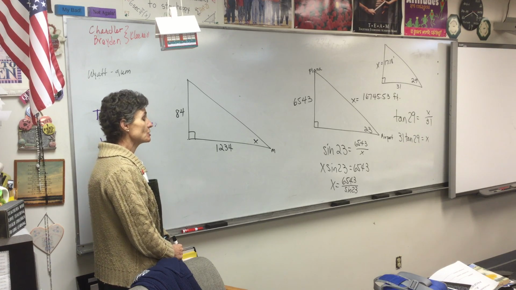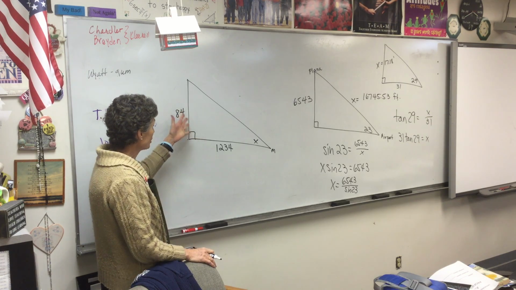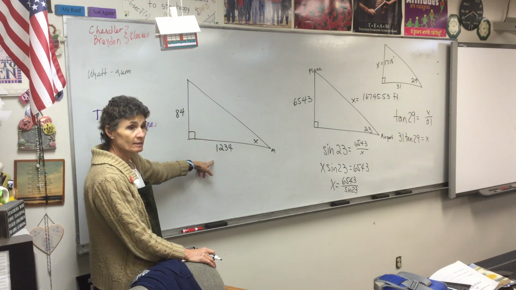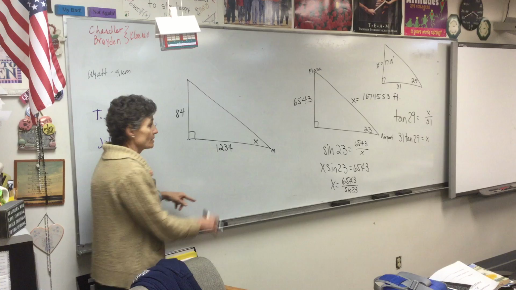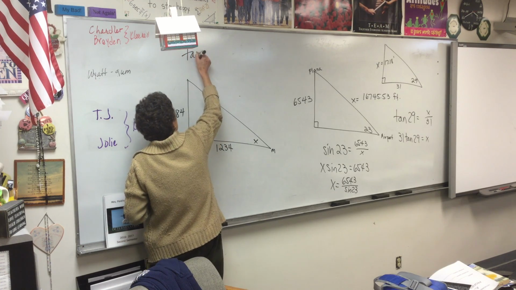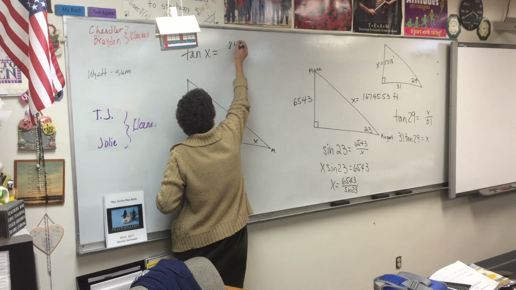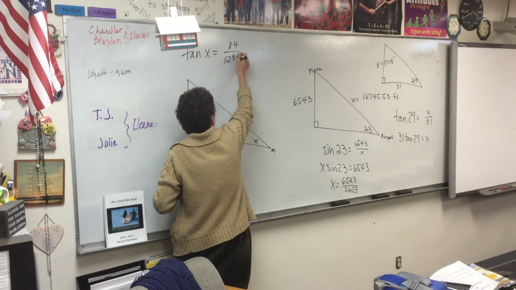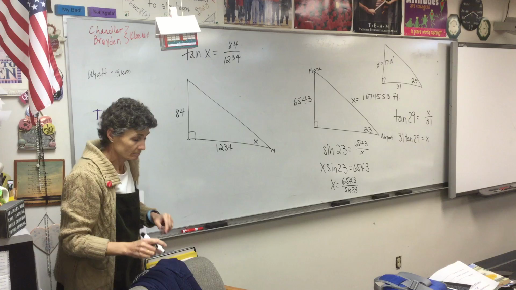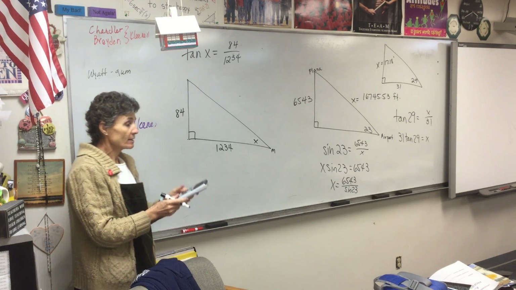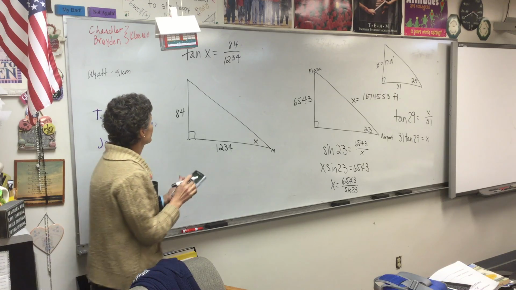That's another tangent because look, compared to the x right there, you've got opposite and adjacent. So we'll say tan x equals 84 over 1,234. Now, is this going to be regular tangent or special tangent?